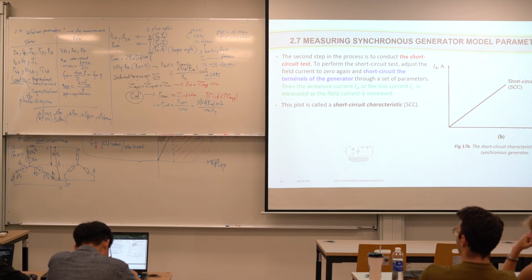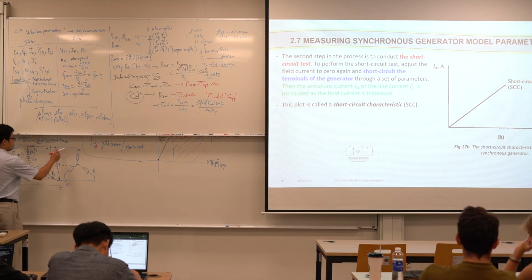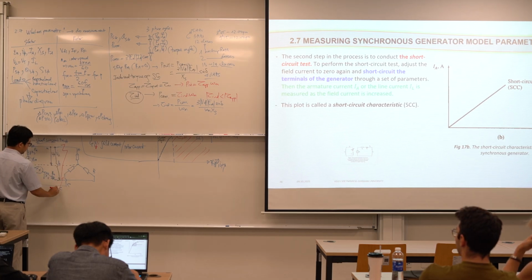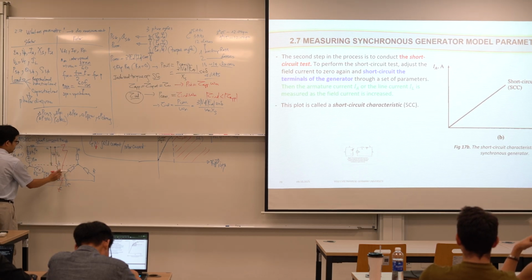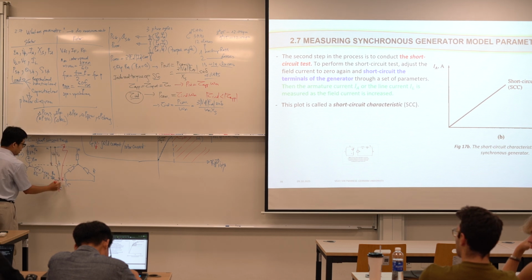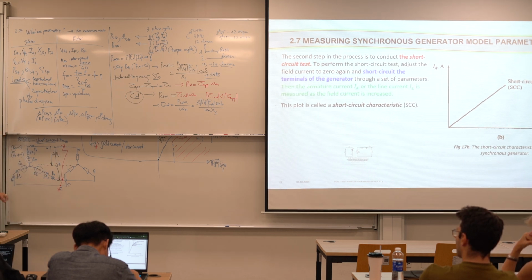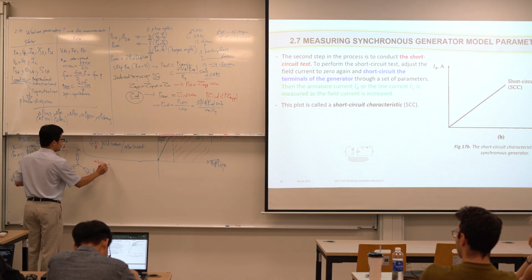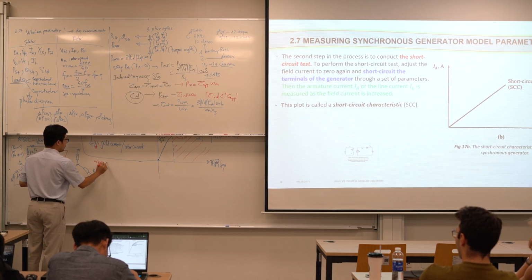So if we have a short circuit, that means A touches B touches C. A, B, and C are shorted.